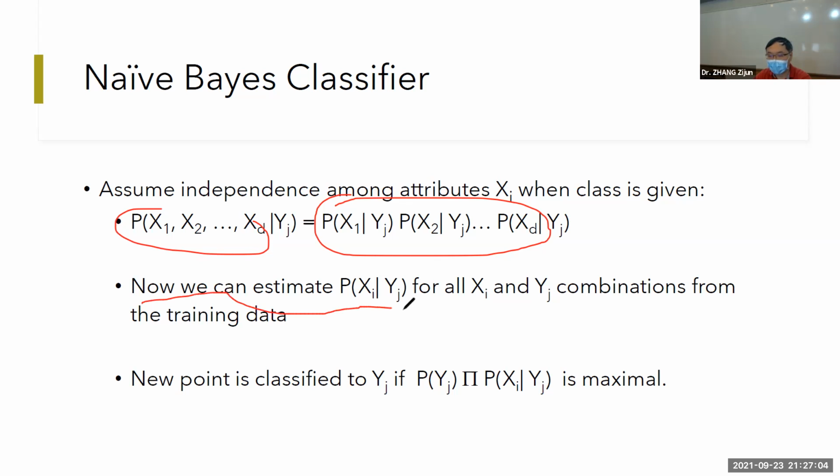Then how can we estimate the probability of xi conditioned on yj, for all xi and yj combinations, from the training data? The new point is classified to yj if P of y multiplied by the product of all those conditional probabilities is maximal.